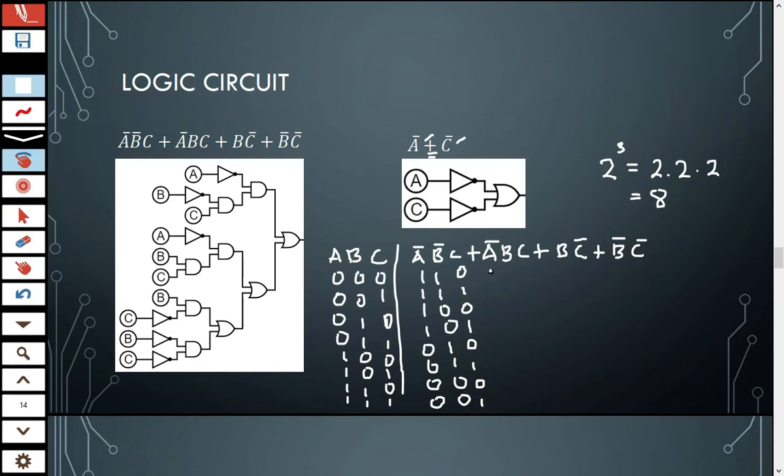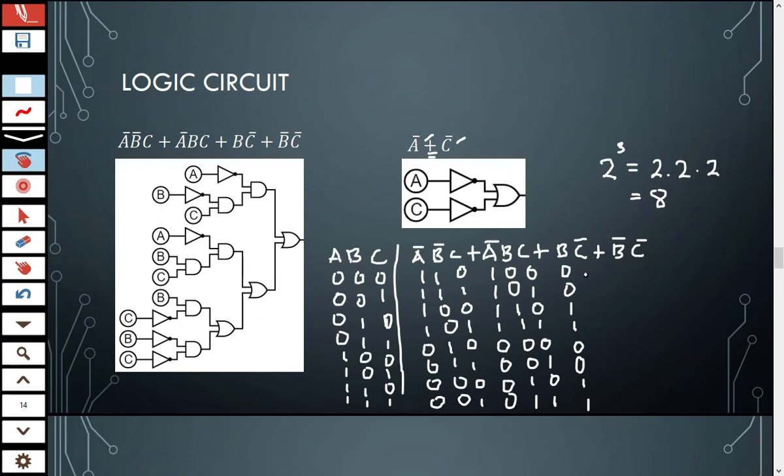And for A, this is 1, 1, and then 4 zeros. For B, we have 2 zeros, 2 ones, alternating from time to time. And then for C, there's an alternation of 1 and 0. For B, another alternation of 2 zeros and 2 ones.